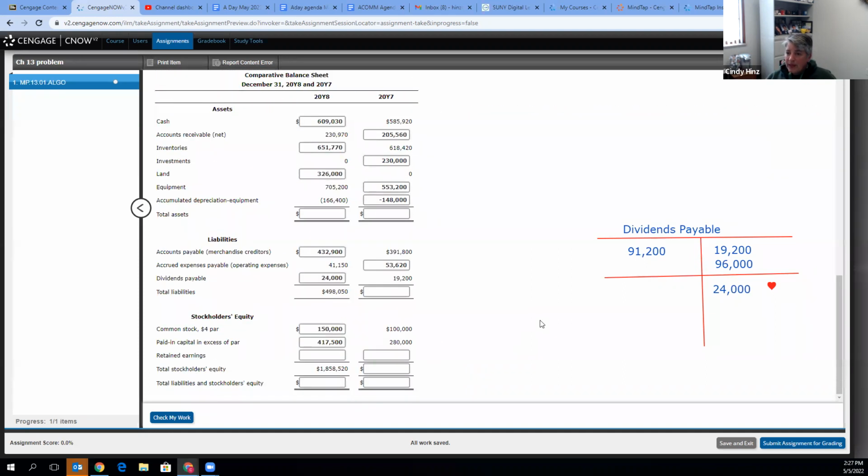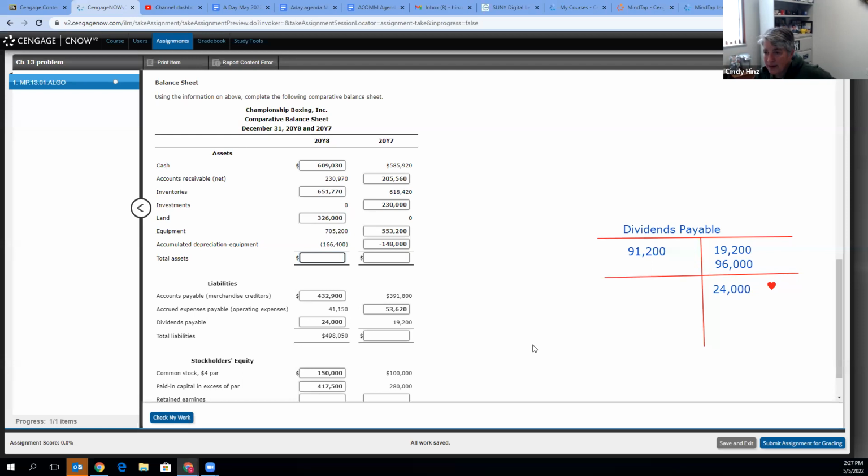But I think the easiest way for us to go about this is to actually go back and do the totals on the assets, which I had said without looking ahead, I had thought we wouldn't need to do those together, but let's go ahead and do that now. We need those totals in order to finish up the exercise.